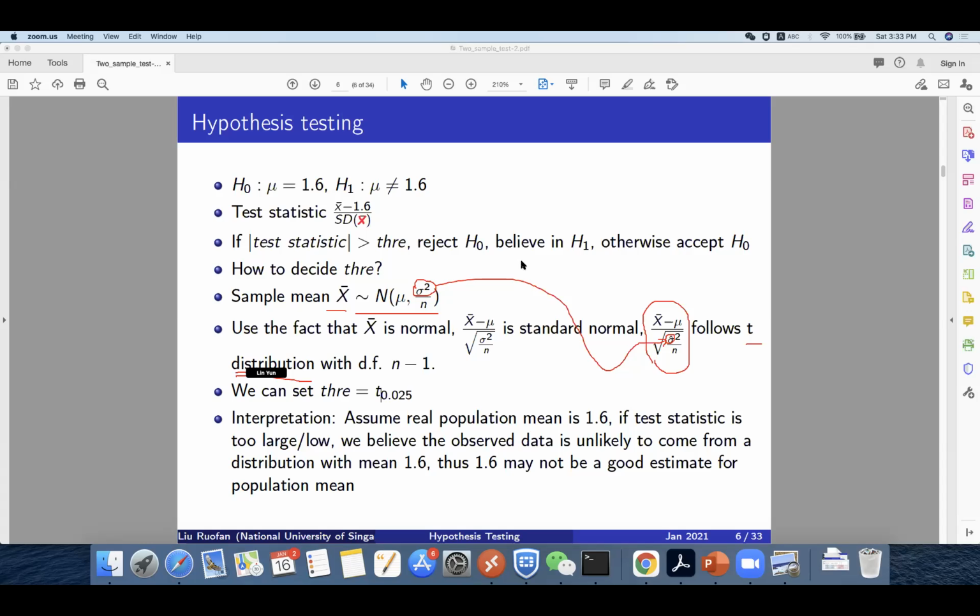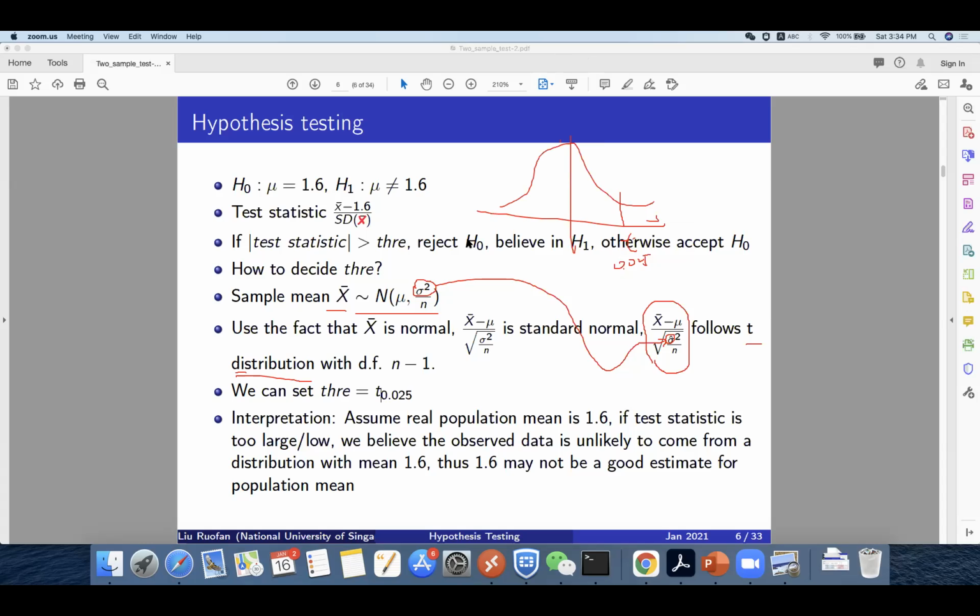So as long as these random variables follow t distributions, we use the formula of t distributions. As long as we are given the t distribution, we set a quantile of t. The quantile is supposed to be 0.025 because it is symmetric.